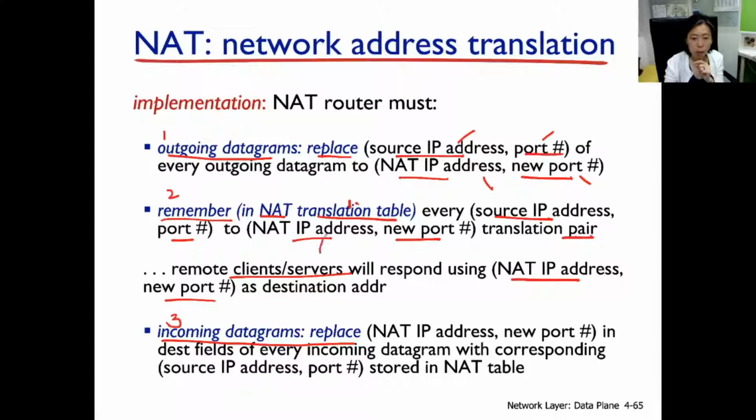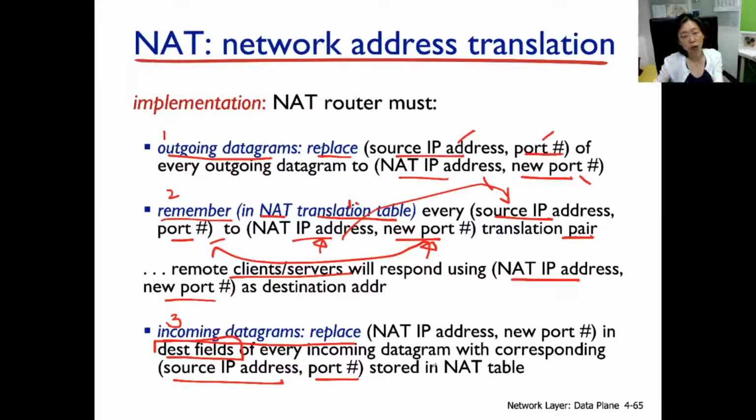It matches this IP address and this new port number, and therefore translates the IP address back to the corresponding source IP address, and translates the port number to the corresponding original source port number. And therefore, you see the destination fields are going to be replaced by the original IP and the original port number. And that packet then will travel the local network and reach the destination.